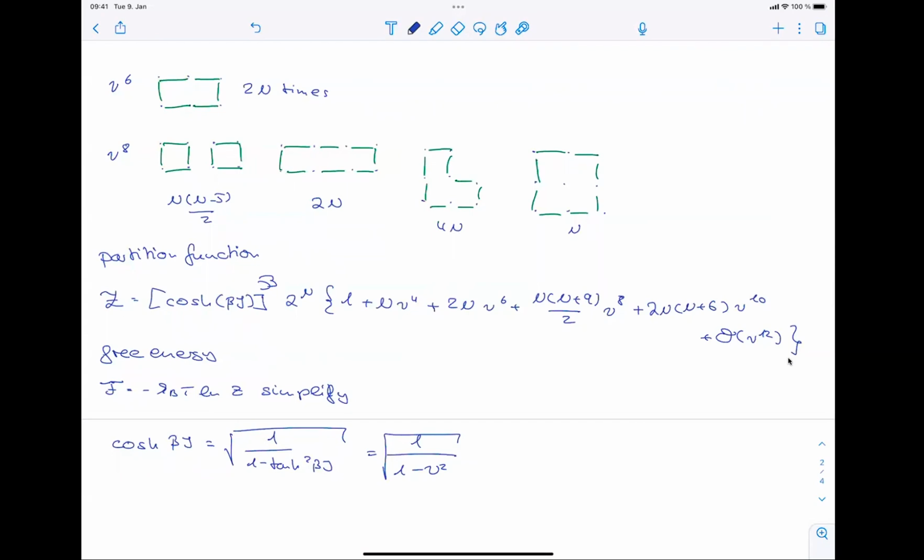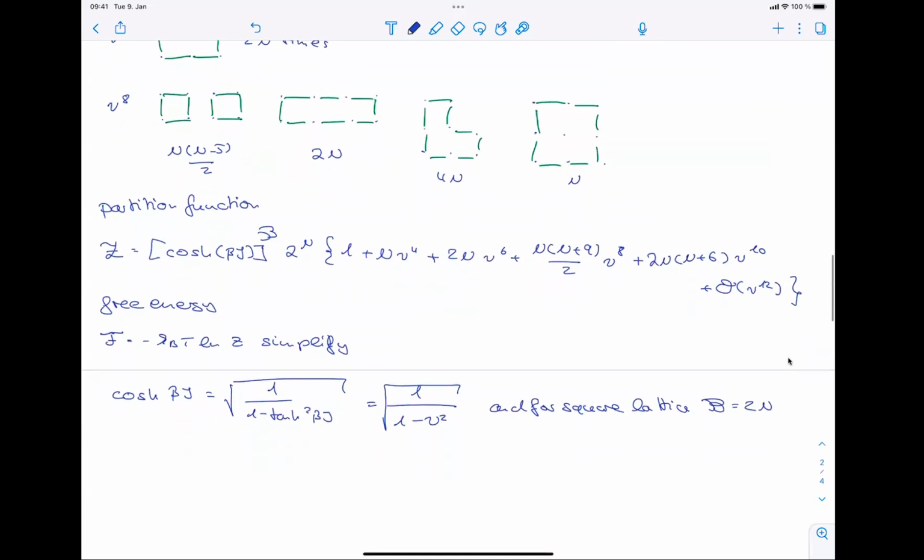And I also know for a square lattice that the number of bonds is 2 times n. And so then I have my v dependence here as well. And then I can take the full expression, and note I have this nonlinear dependence of the square root of 1 over 1 minus v squared up front.